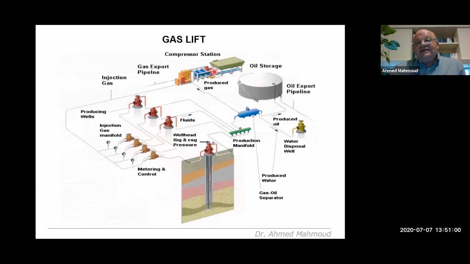This gas is not sellable at the correct price in the market, so you initiate a gas lift facility. It's like a recycling of the gas, and you use the gas which nobody has bought, which you cannot sell at an economical market price, and you use it to inject into weak wells.